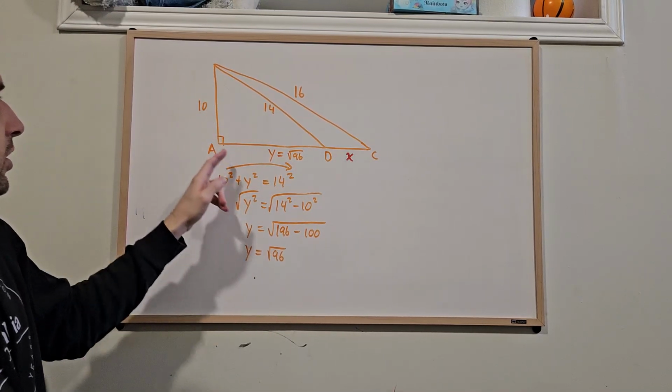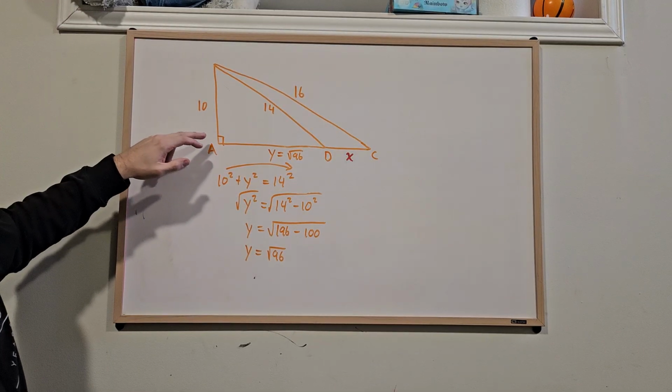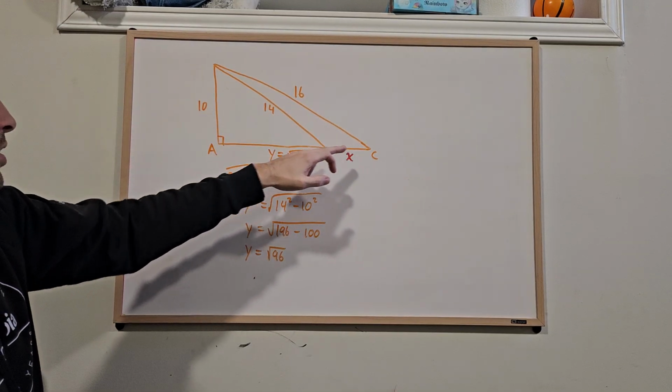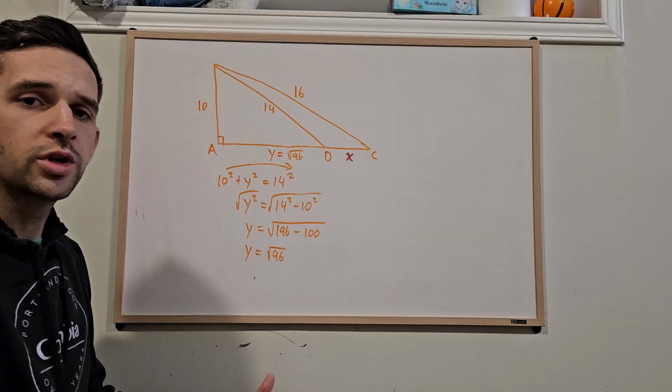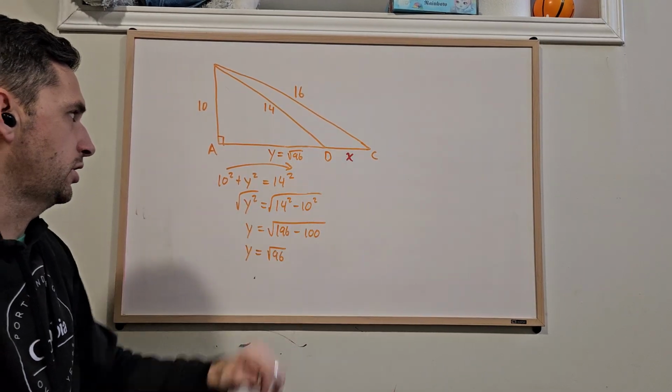Now that we have the lengths here, we have to look at our bigger triangle, which is the one on the outside. Once again, we're going to use the Pythagorean theorem to solve for the length down here.